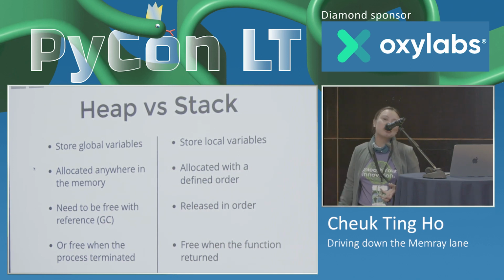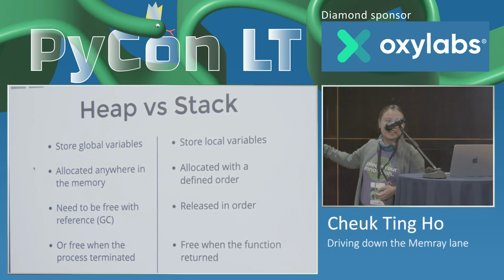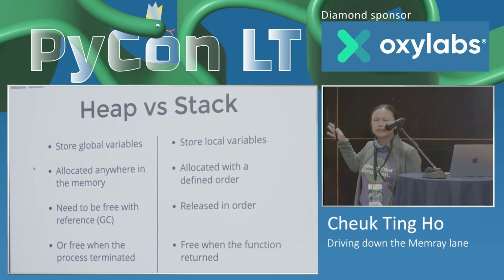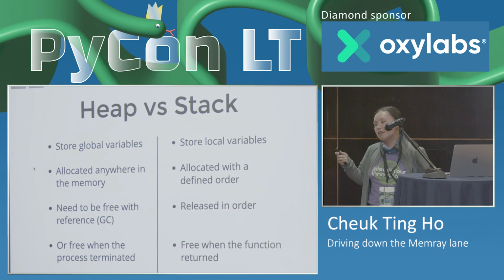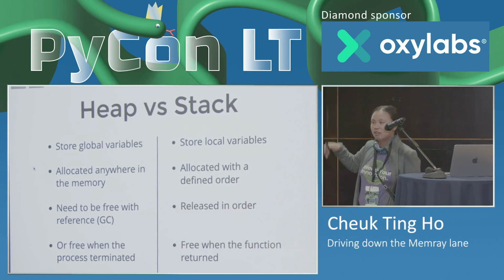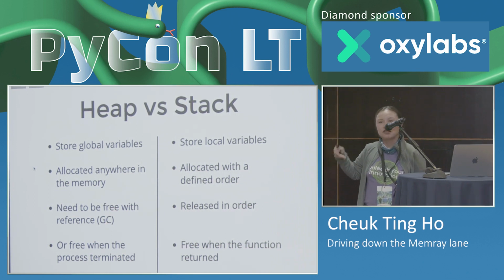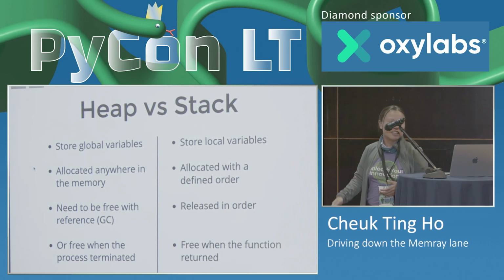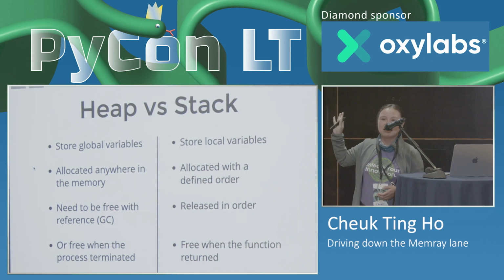It's usually for global variables, because a global variable is accessible at any point of your program. The other thing is called the stack. The stack is basically used for local variables. A lot of times when we finish running a function and it returns, the local variable is not available anymore, because they are stored in order. So when you are done with that, we can erase them in order.